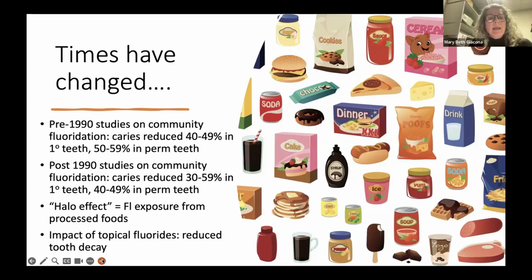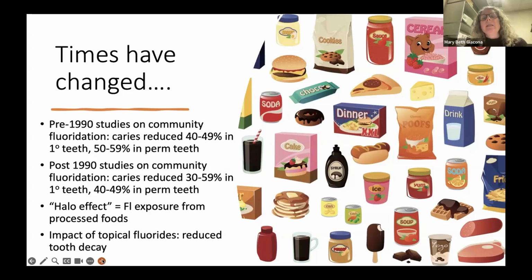And the reason behind that, again, is kind of twofold. One is something we call the halo effect. So we're all ingesting fluoride from the processed foods. Processed foods have really become dominant in our diet here in the United States.